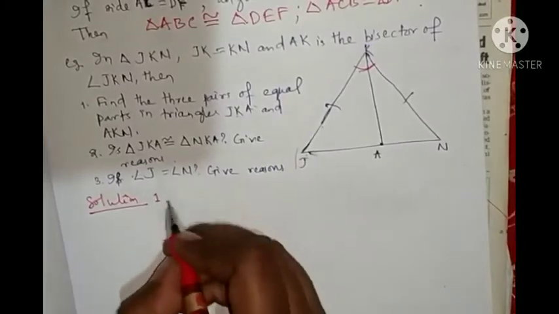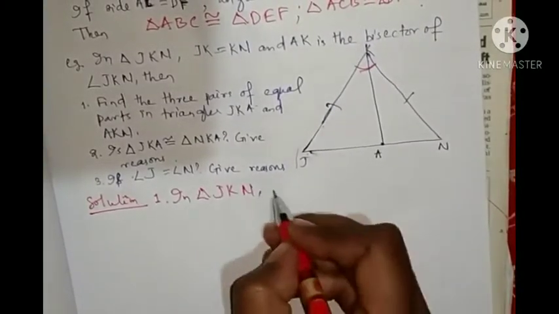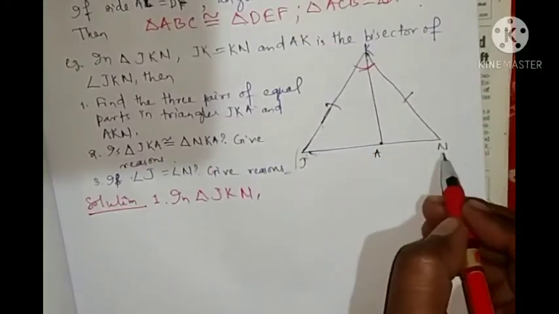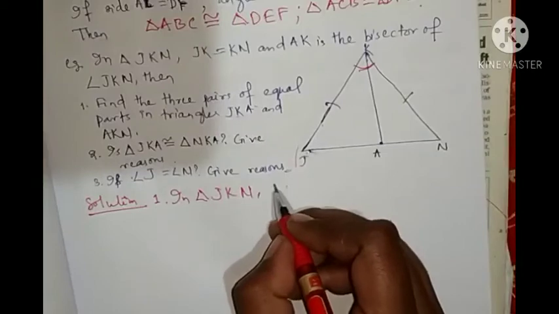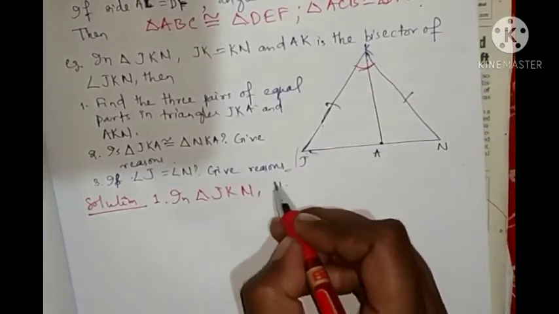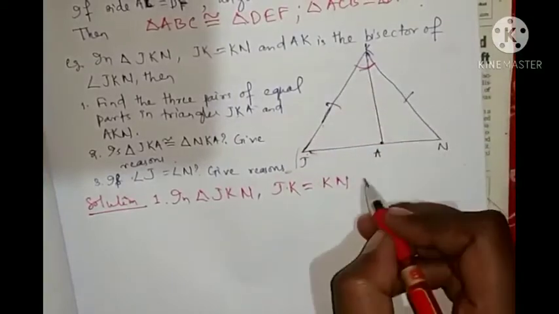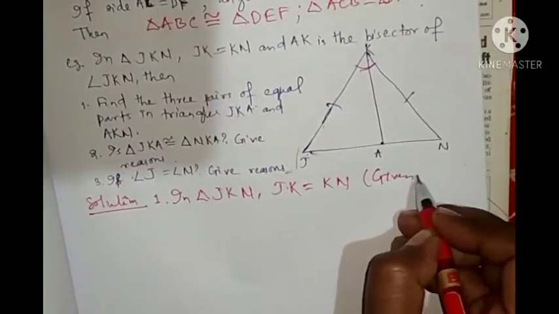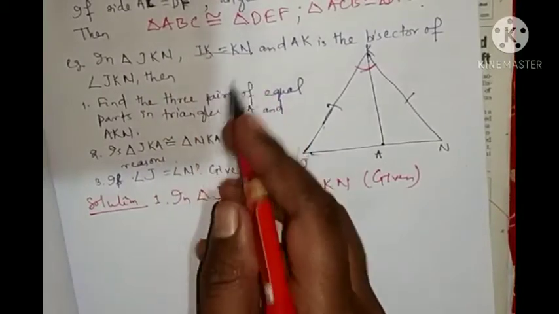In triangle JKN, JK equal to KN, or you can write it JK equal to KN. Why? Already it is given. Okay, it is already given in the question.